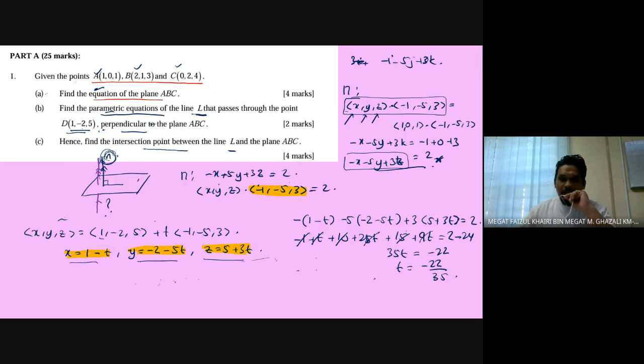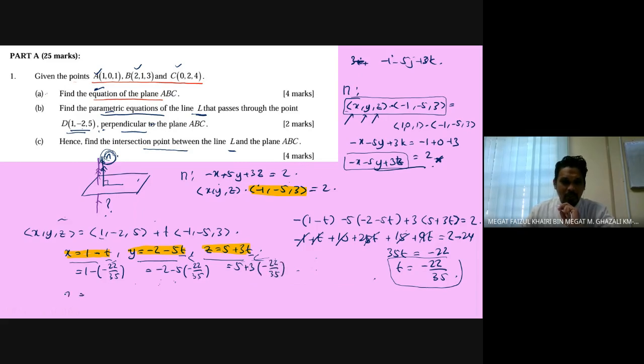Again, now we are going to use this value of t and substitute it into each of these. We got t here, and t here, so substitute one by one. Finally, it gives x equal to 1 minus negative 22 over 35, y equal to negative 2 minus negative 22 over 35, and z equal to 5 plus 3 times negative 22 over 35.